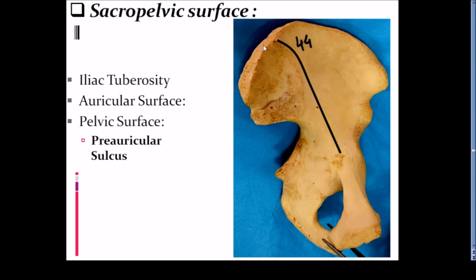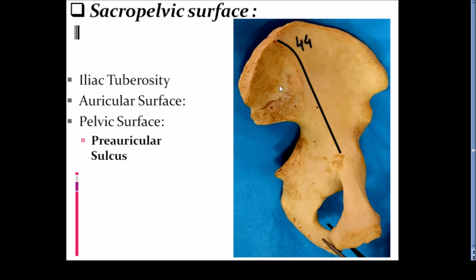So this is the dorsal segment of iliac crest, and just below it on the inner aspect and behind the medial border, this area is known as the iliac tuberosity. It is raised in the middle part while depressed above and below.